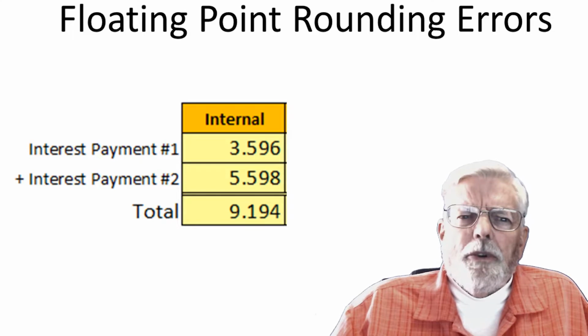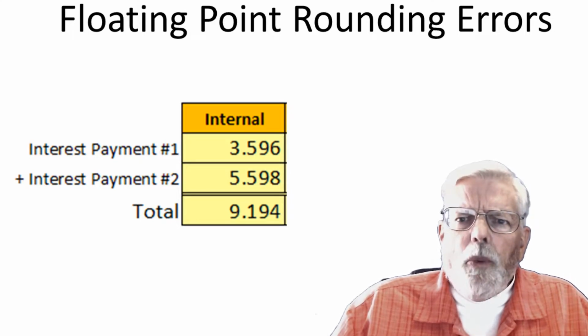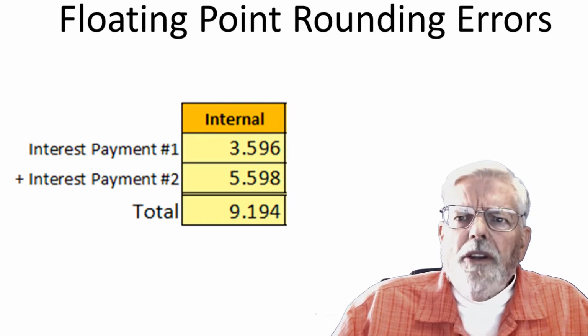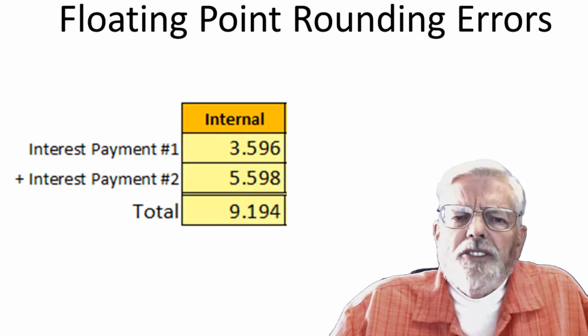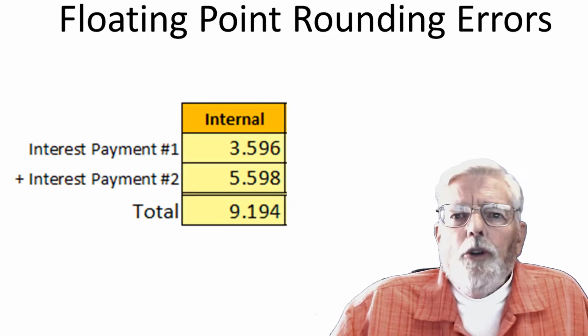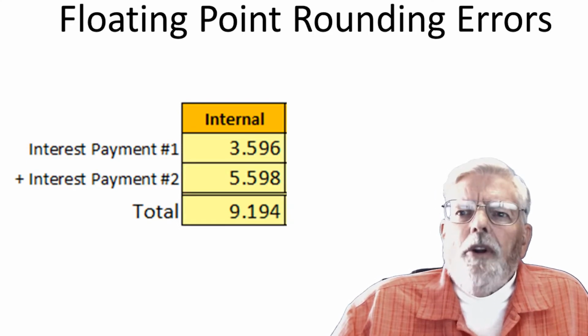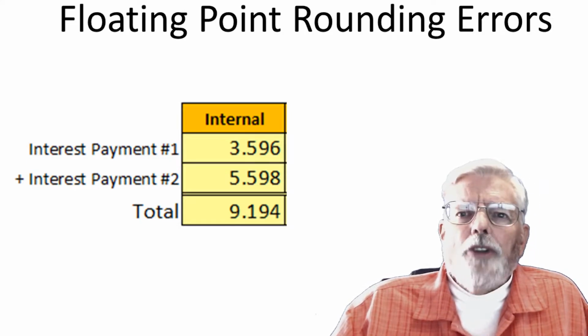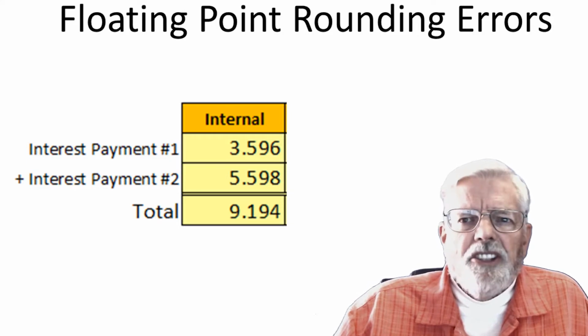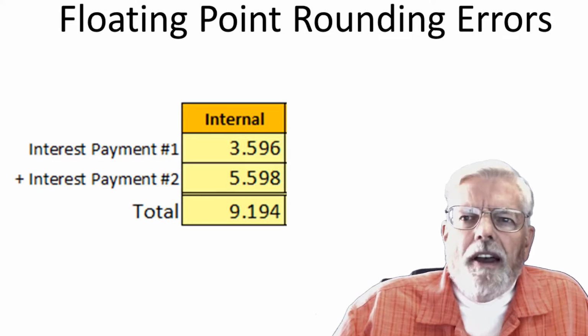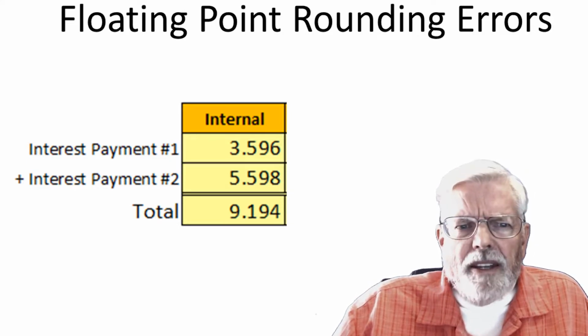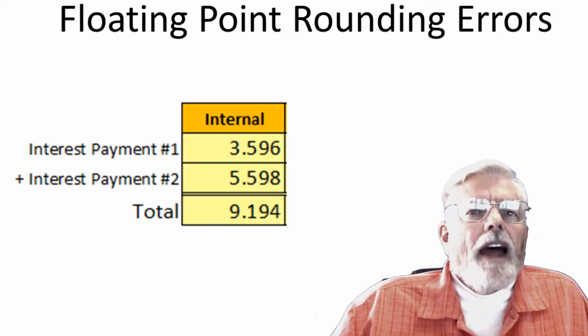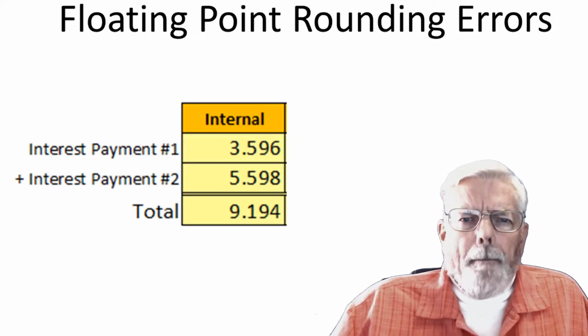Floating point numbers could have some rounding errors when being displayed. Here is an example of computing interest on two separate accounts for a customer of a bank. The interest on the two accounts might be computed as 3.596 and 5.598. When they're added together, the total is 9.194.